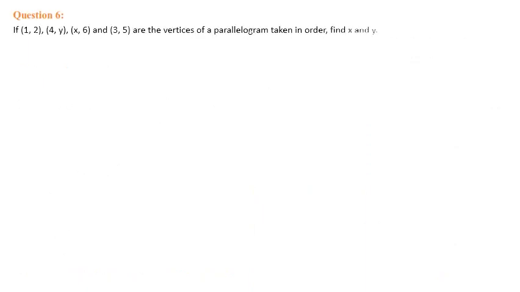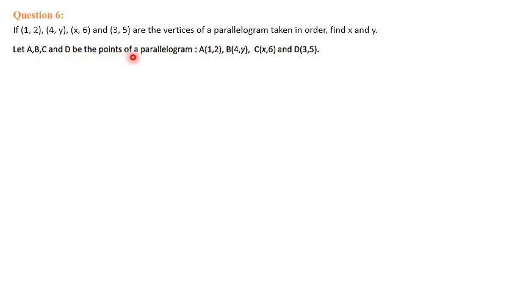Question number 6. If (1, 2), (4, y), (x, 6) and (3, 5) are the vertices of a parallelogram taken in order, find x and y. So let us assume that these 4 points A, B, C and D are the points of a parallelogram, and assign ABCD, that is A is (1, 2), B is (4, y), C is (x, 6) and D is (3, 5).